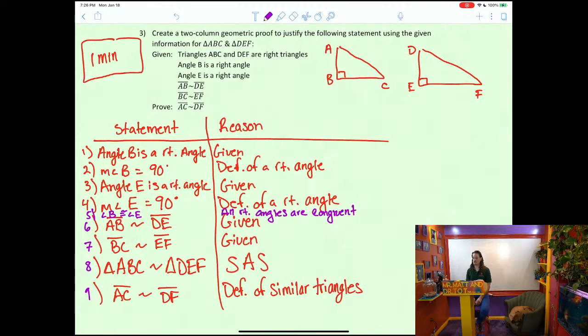So therefore, we have all the information needed to say that triangle ABC must be similar to triangle DEF because of the side-angle-side similarity postulate. And because these two triangles are similar, the corresponding side lengths of line segment AC must be proportionate to line segment DF because of the definition of similar triangles.